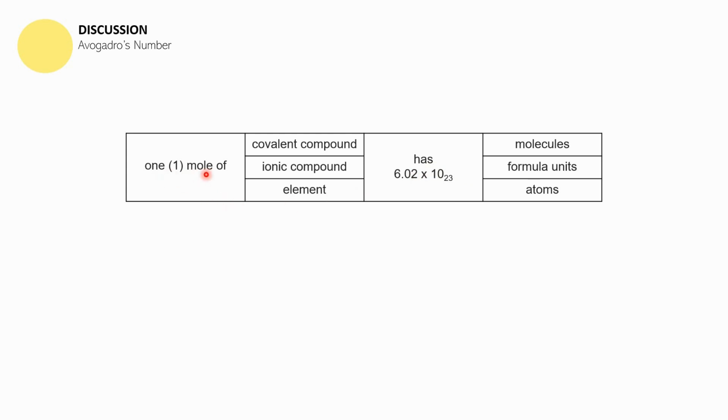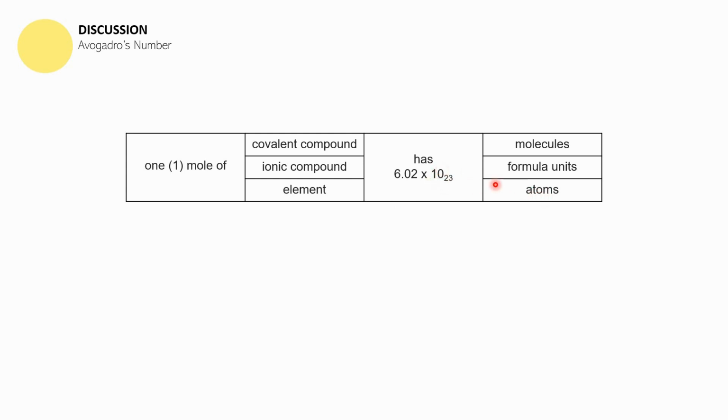And so 1 mole of a covalent compound has 6.02 times 10 raised to the 23rd power molecules. Kaya magkatapat sila. And 1 mole of an ionic compound has 6.02 times 10 raised to the 23rd power formula units. And then 1 mole of any given element has 6.02 times 10 raised to the 23rd power atoms.